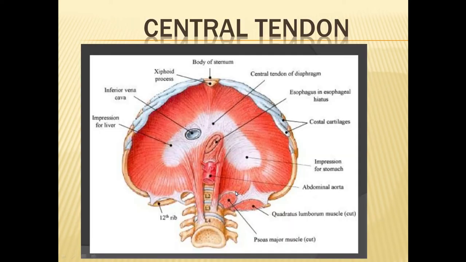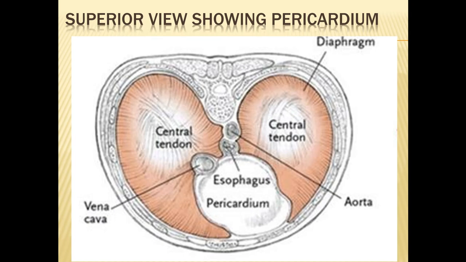You can see over here the crisscross pattern, and this is the central tendon. You can also see the superior view of the central tendon, and you can see the pericardium attached on the superior aspect.